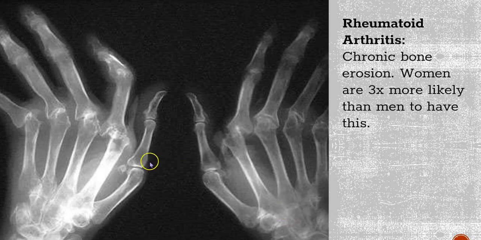And you can see characteristically, see how the fingers kind of all point laterally? That is a characteristic of advanced rheumatoid arthritis. But you can certainly see rheumatoid arthritis in any part of the body. And if it's caught early, you can intervene with treatments, but there is no cure for this and it can be quite painful for patients.